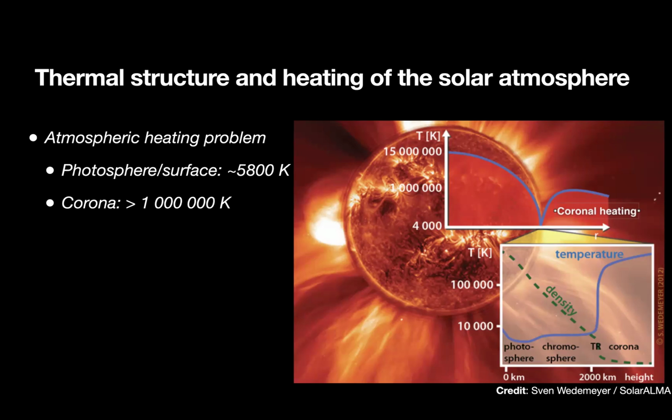The photosphere, which is also referred to as the surface in many cases, is the bottommost layer of the atmosphere. Then you have the chromosphere above it, shown in this temperature plot in the bottom left. And then you have the corona, the outermost layer of the atmosphere at the very top.